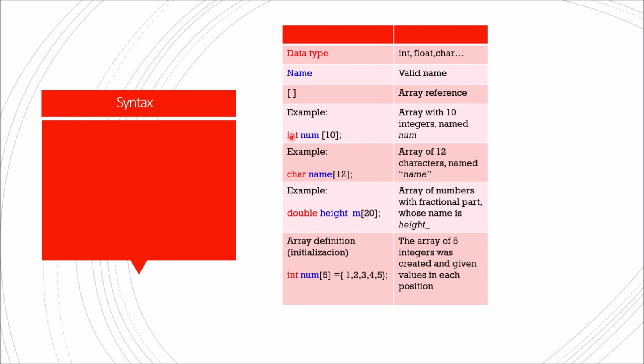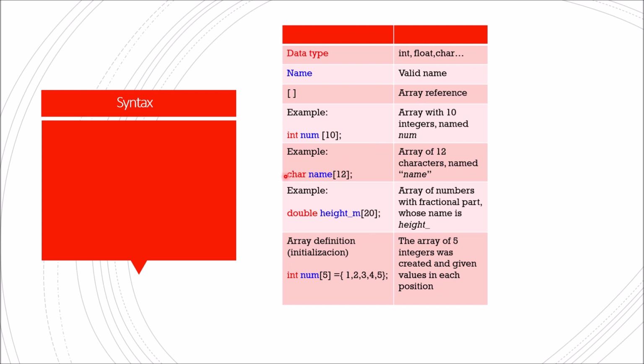It reads int num, and in these square brackets we place the size, which is 10, and then we place the semicolon, which is the statement terminator in C. What we've done here is create an array of 10 integers named num.